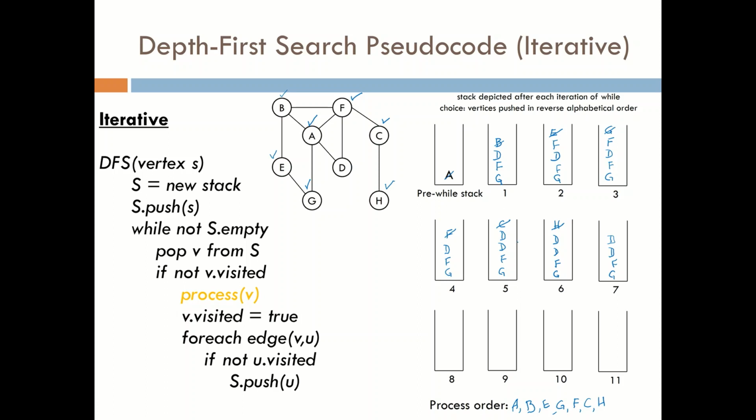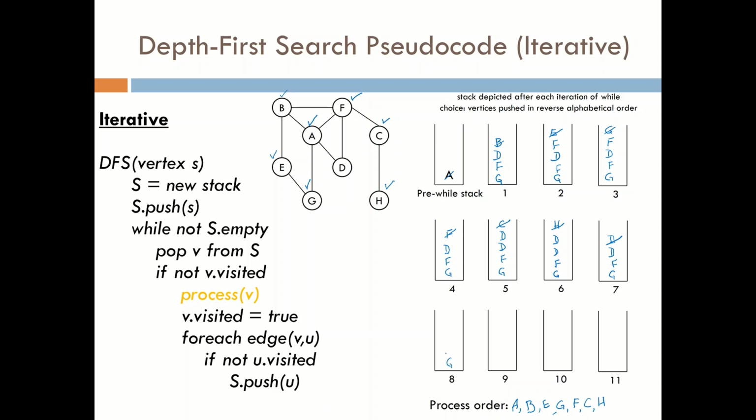Okay, and so now everything that is connected to H, if it has not been visited, we want to go ahead and push that onto the stack. There is nothing to push onto the stack at this particular point, so we're done with this iteration.